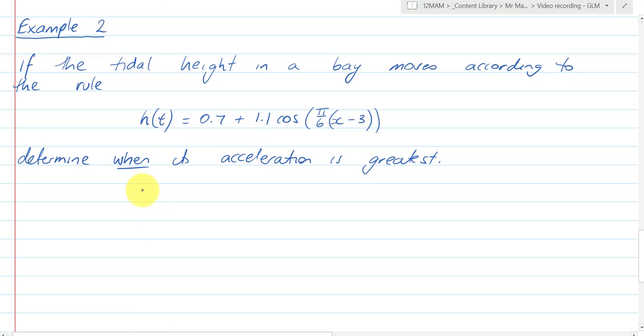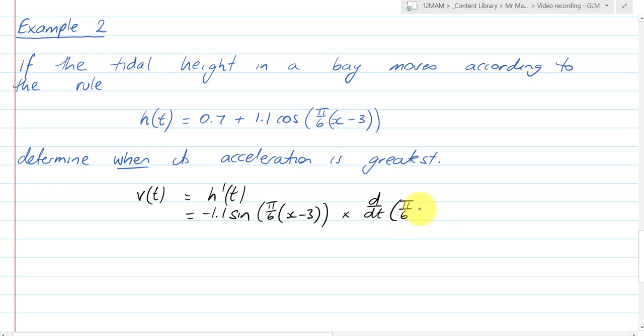So h(t) equals that, therefore the velocity is equal to h dash t, which in this case is equal to, the 0.7 disappears. I get 1.1 times cos goes to sine, but remember it becomes negative, and then pi on 6 x minus 3, but I have to multiply by the derivative of the inside function, which is pi on 6.